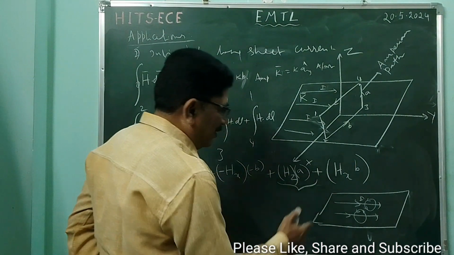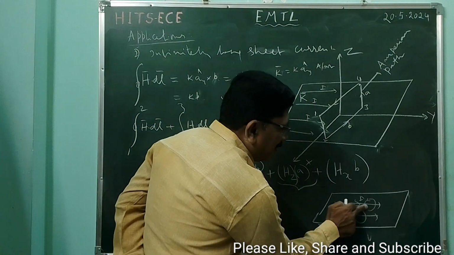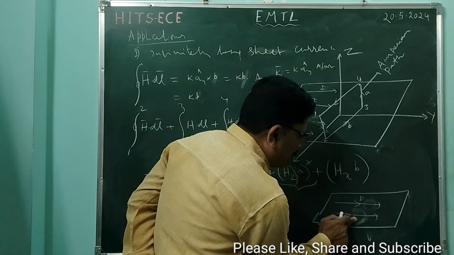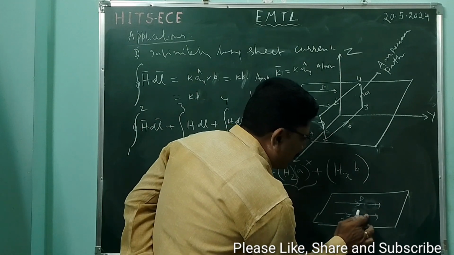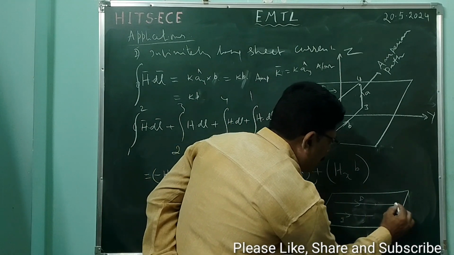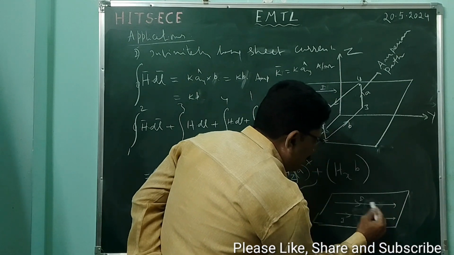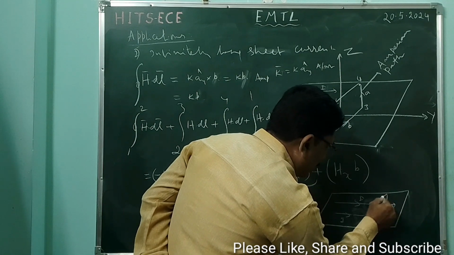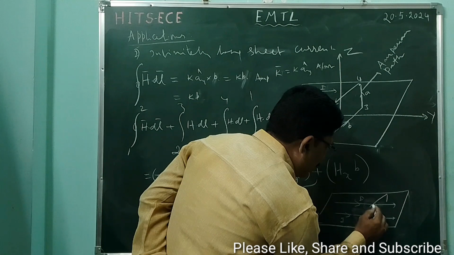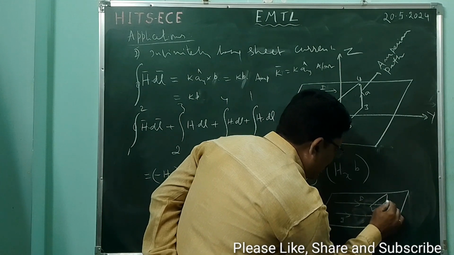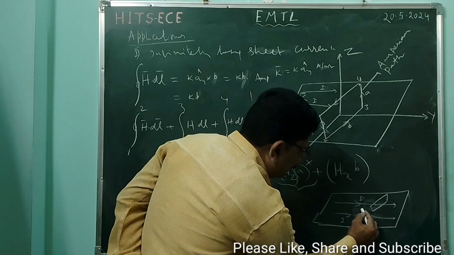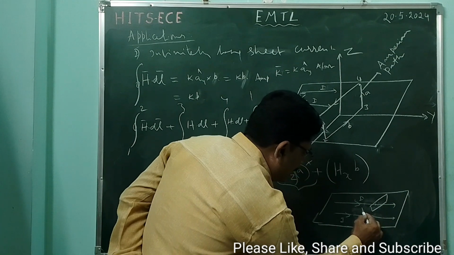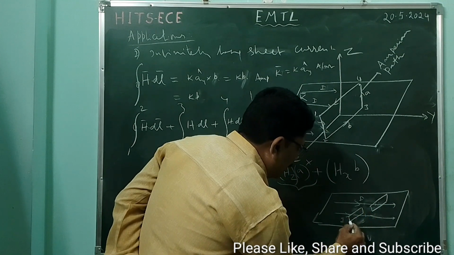Then I will show you how these components will get cancelled. Z components will get cancelled by drawing the rectangular paths. This is current I, this is current I. Rectangular path for this I, and for this current, the rectangular path.